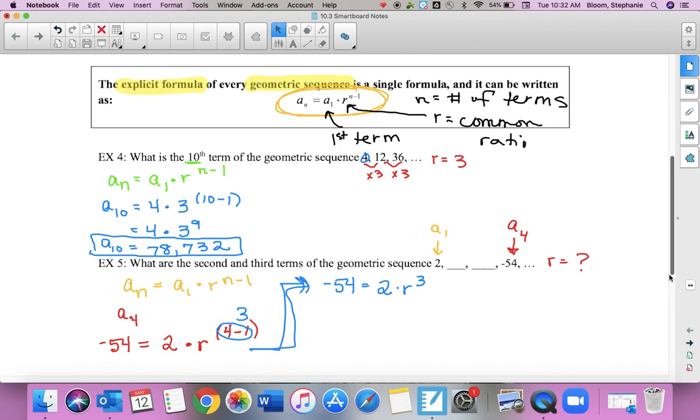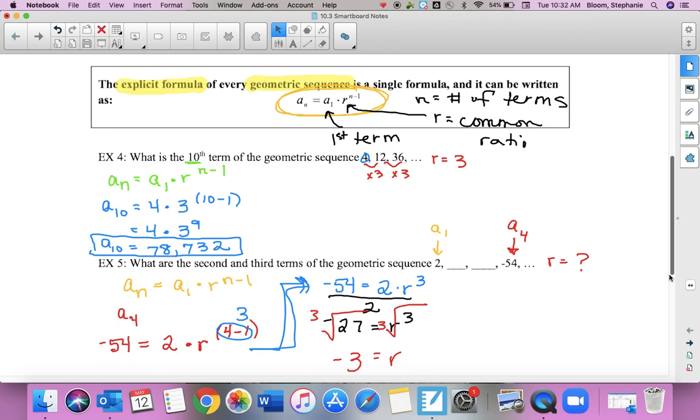So then I'm going to divide by 2 on both sides. So negative 27 is equal to R cubed. And then when I cube root that on both sides, R would equal, oh, sorry guys, it's not showing up on my iPad. R would equal negative 3.